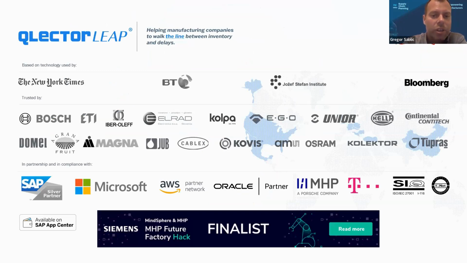And we are actually a joint venture between QLECTOR Group and a spin-out of the largest Slovenian research institute, which has more than 15 years of practical experience in the field of AI, as well as digital twins.